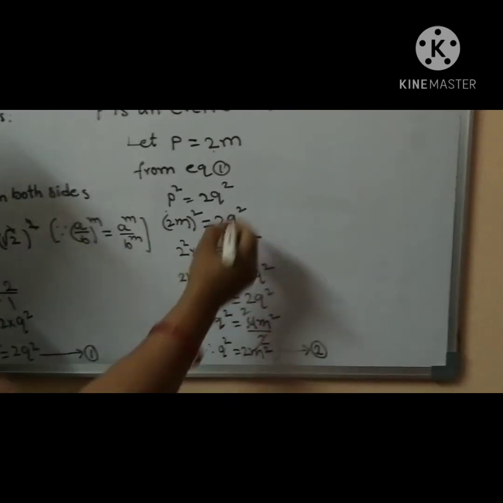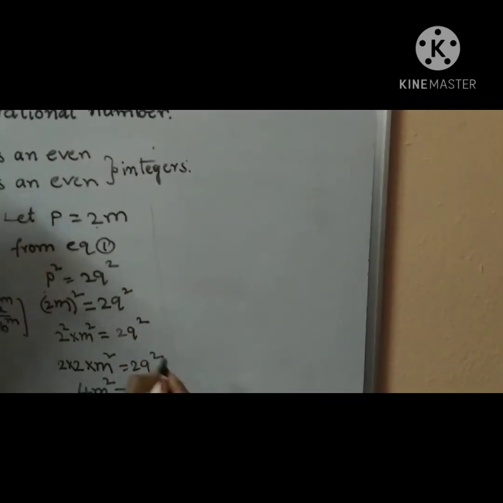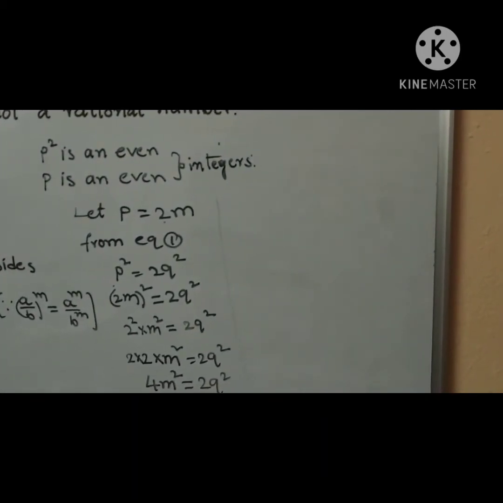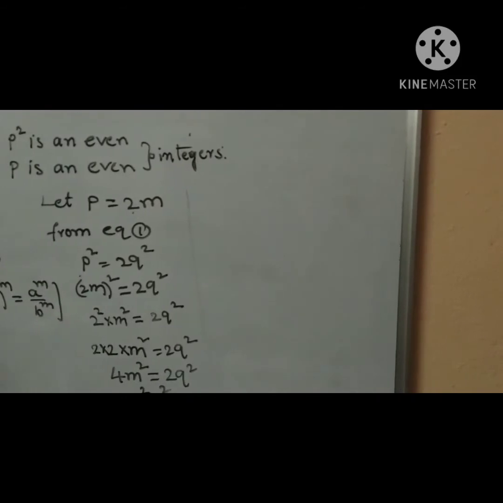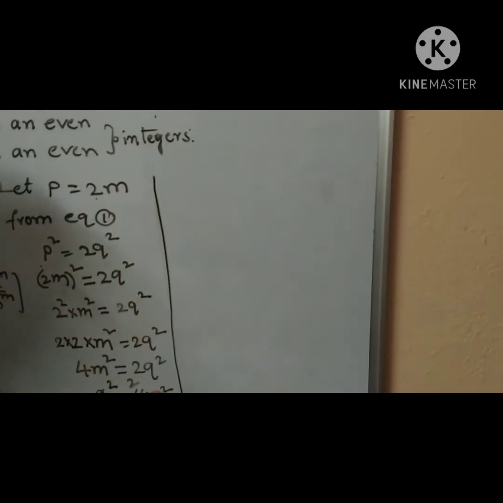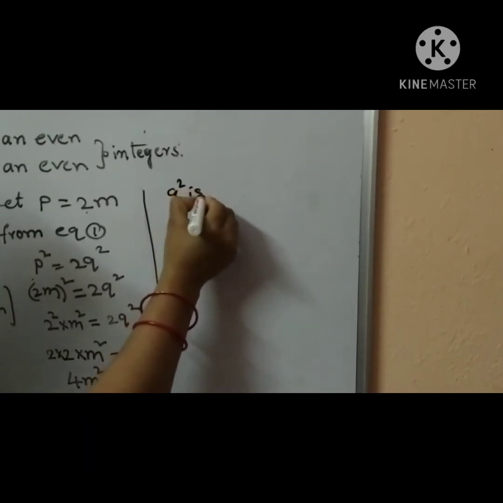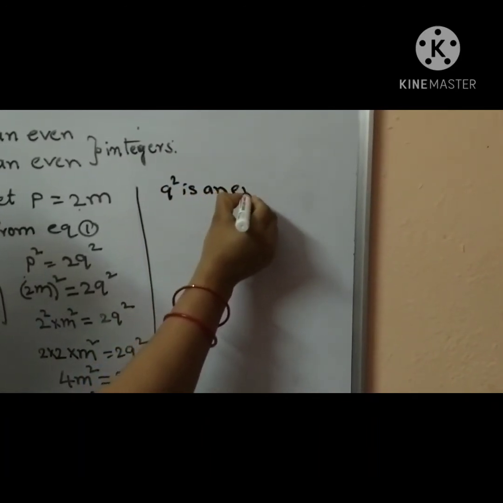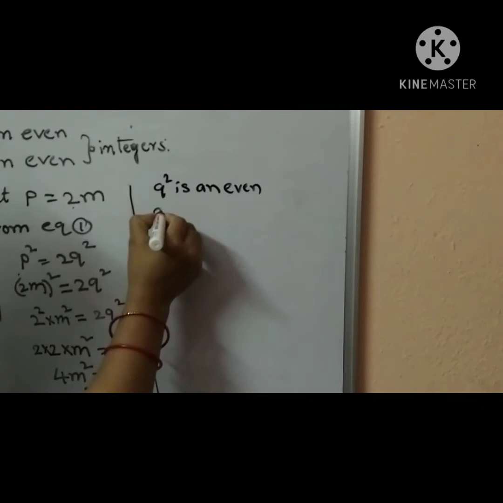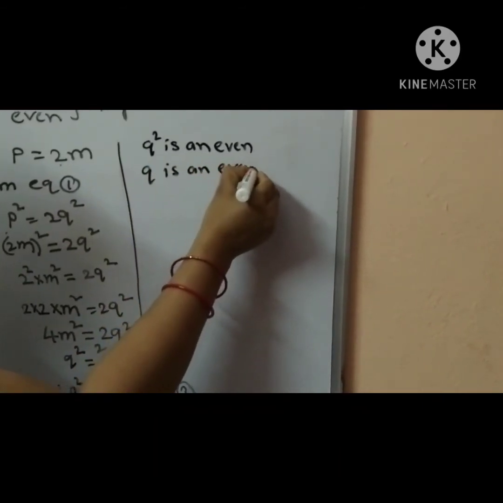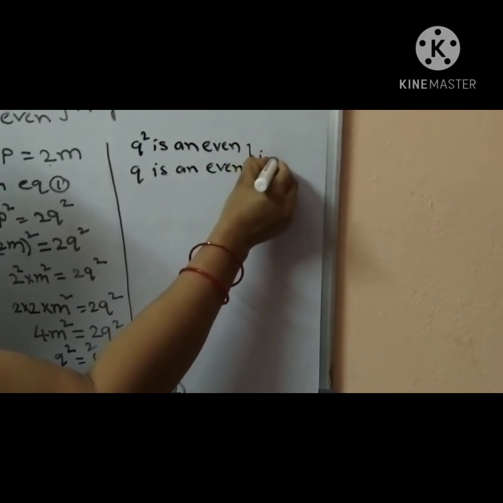Here also q square is an even integer and q is an even integer.